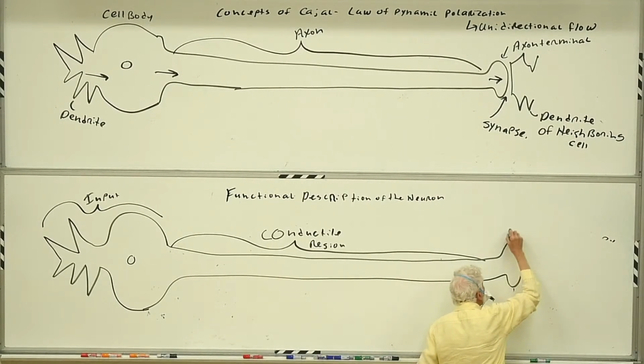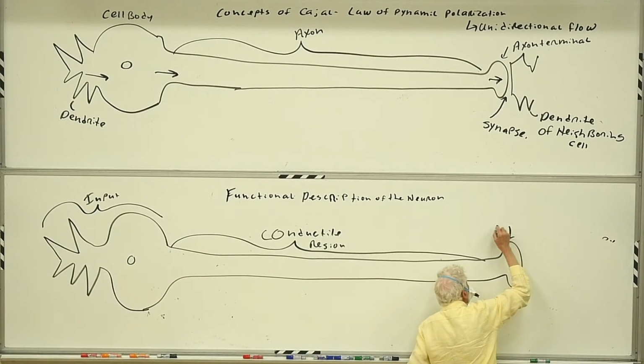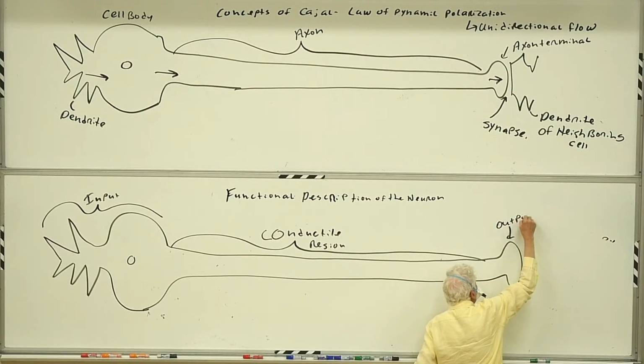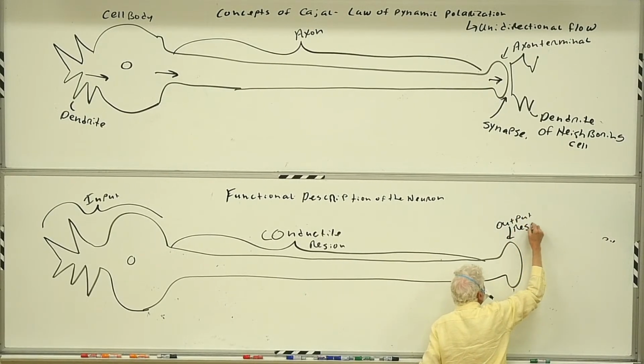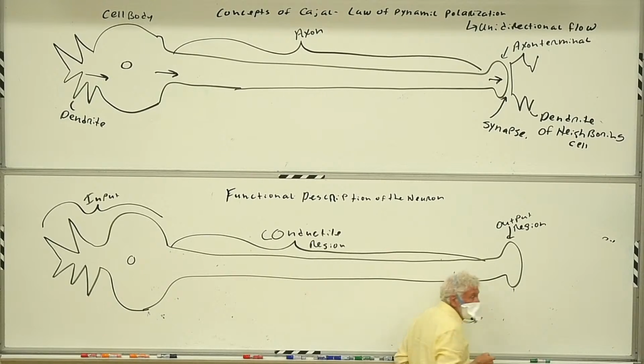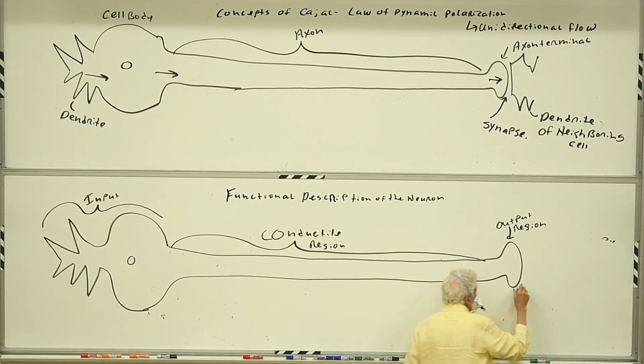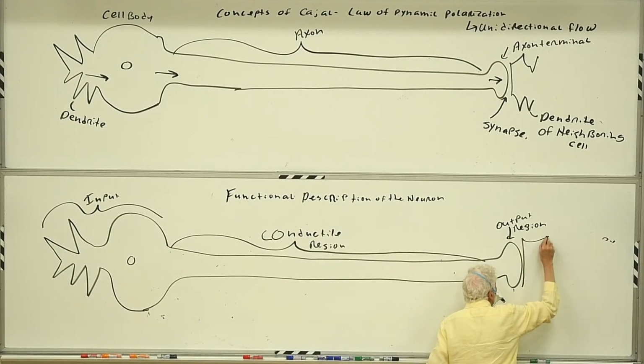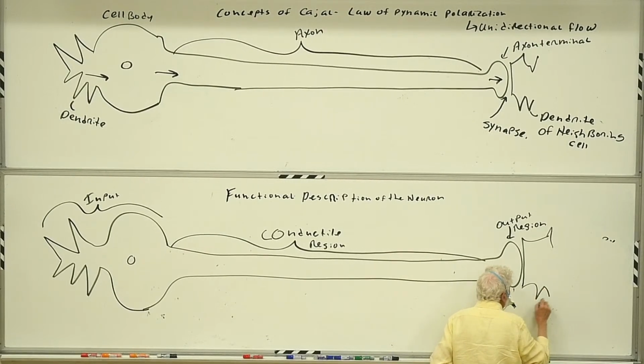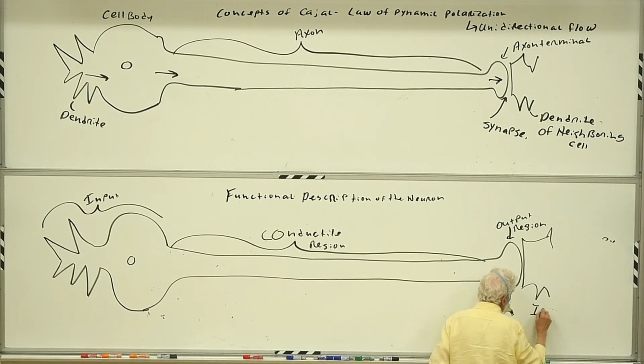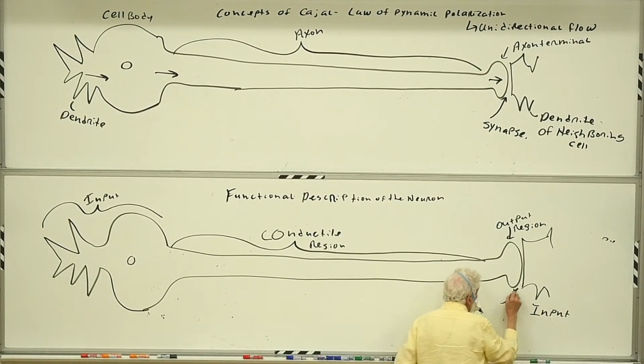And down here, the axon terminal is again renamed, and it's called the output region. And as the name implies, as I tried to do earlier, it's going to communicate to the input region of the neighboring cell at a site called a synapse.